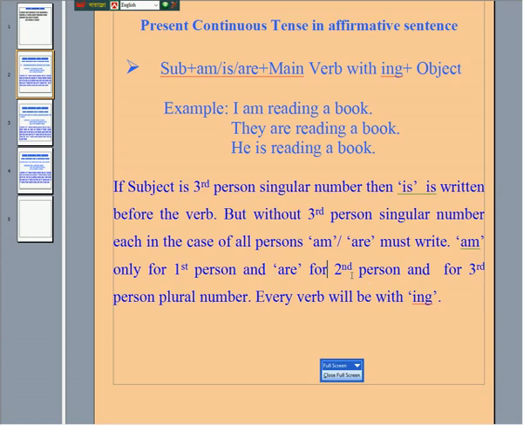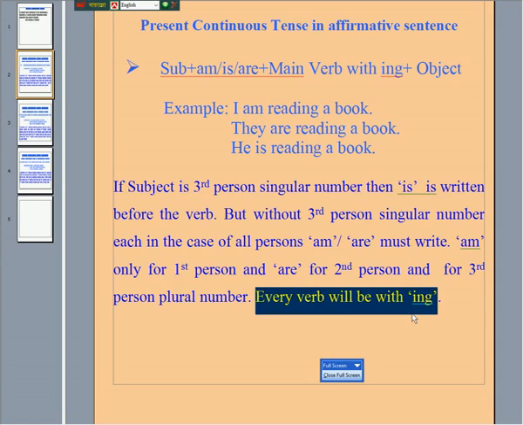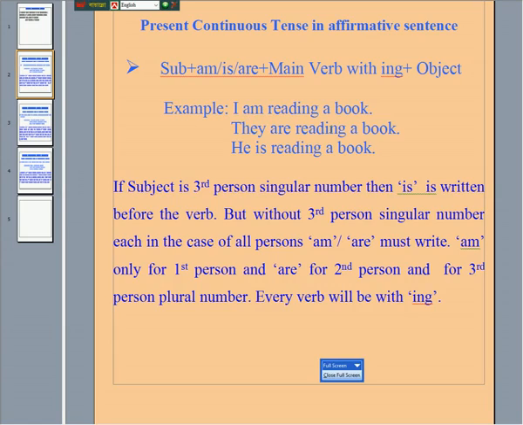Here are is for second person you and for third person plural number, here they. And every verb will be with ing. Ing will be added with every verb.